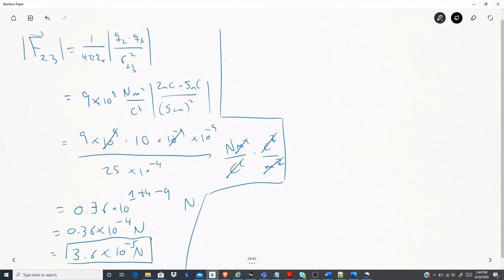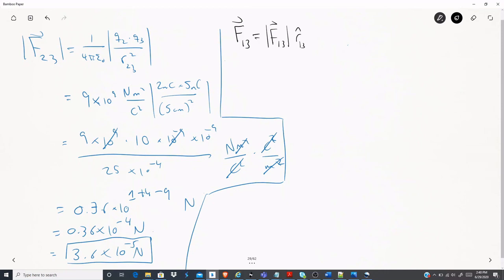I have my force magnitudes, and I just need to compute the forces and then do the addition. So the force that 1 exerts on 3 is going to be the magnitude of the force 1 exerts on 3 times R13 hat.